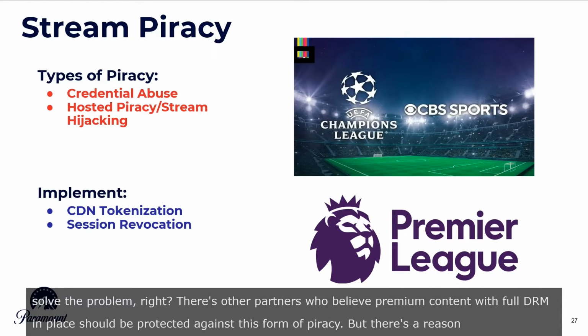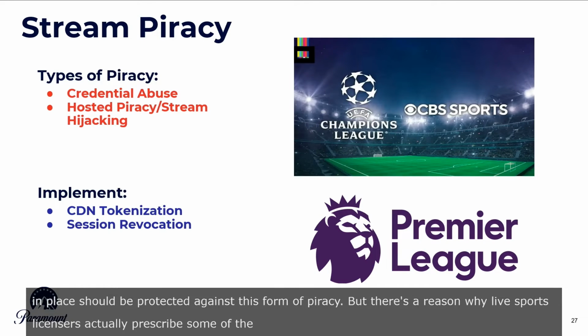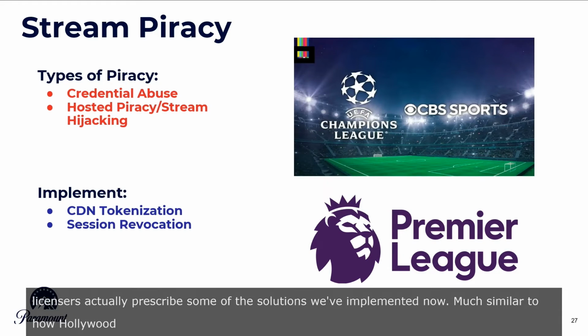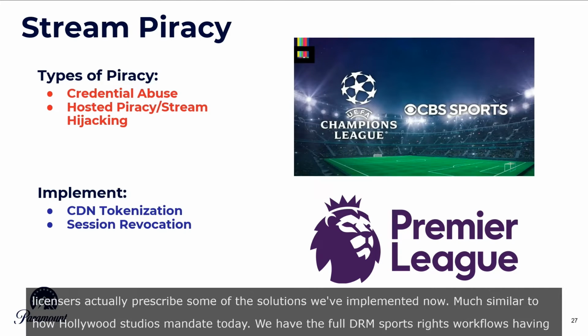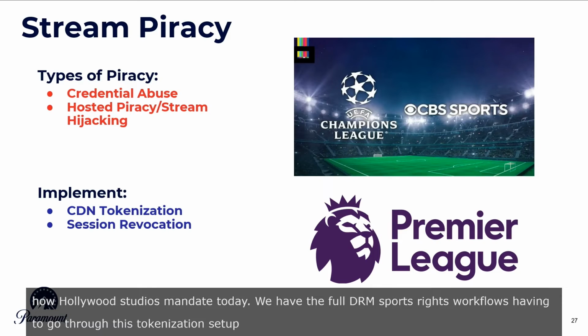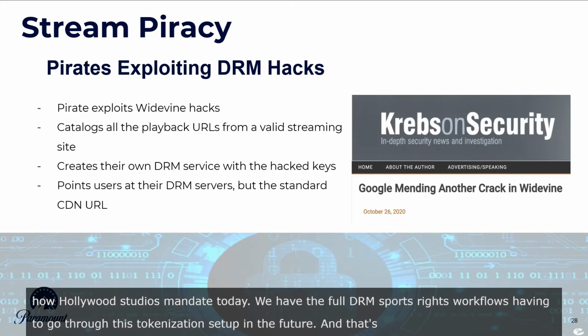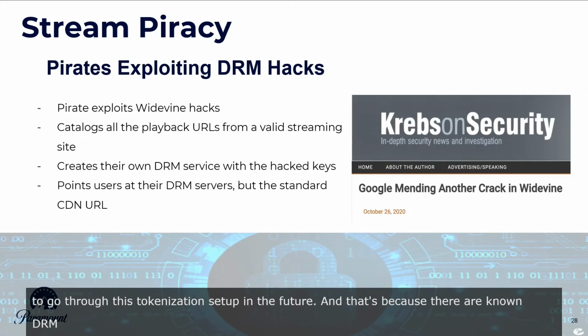But there's a reason why live sports licensors actually prescribe some of the solutions we've implemented now, much similar to how Hollywood studios mandate DRM today. So we even have the full DRM sports rights workflows going through this, or having to go through this tokenization setup in the future. And that's because there are known DRM vulnerabilities.